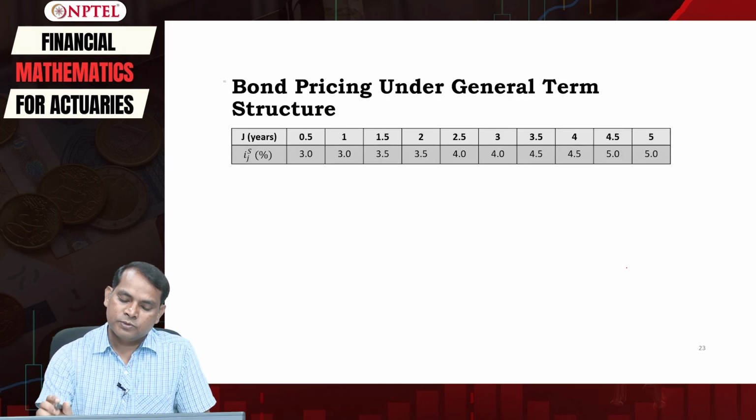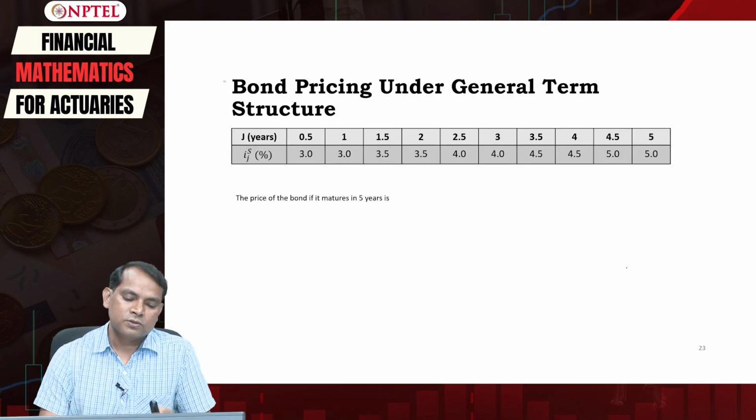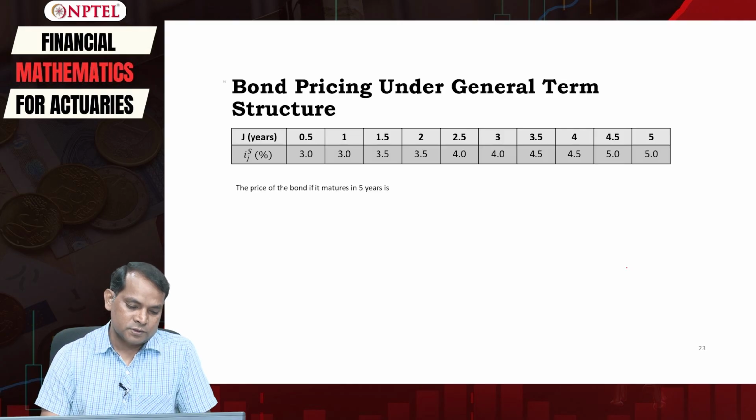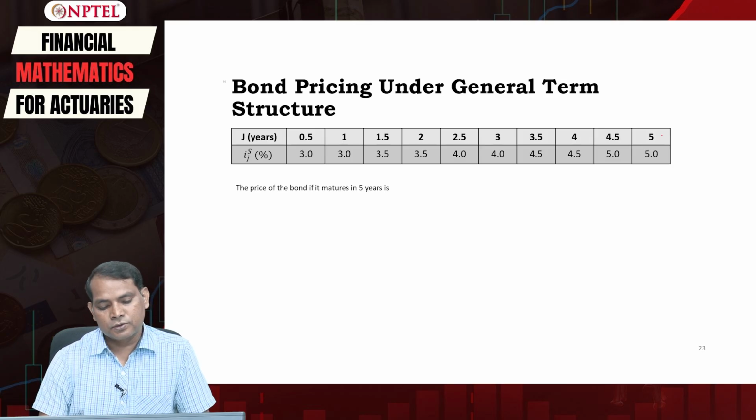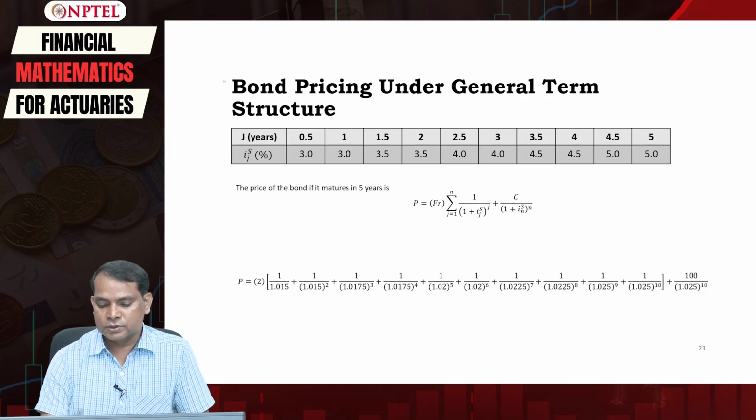Similarly, we can compute it for 5 years also. Take the same information here and compute it for 5 years. Now we have to consider n equal to 10 here, up to 10, and proceed accordingly using the same formula.